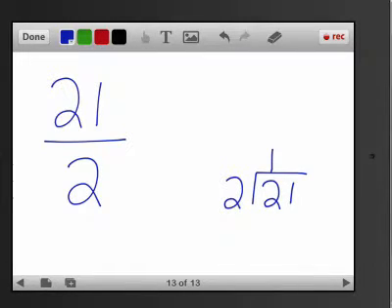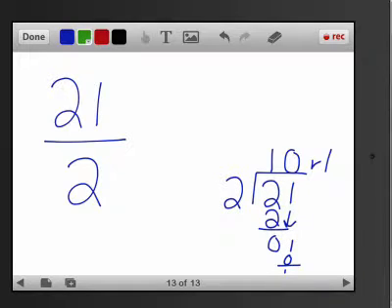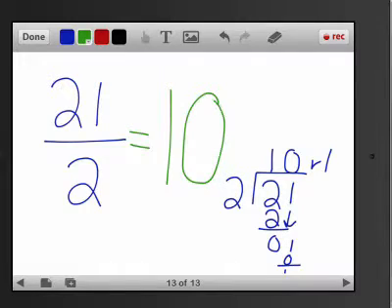How many 2's are in 2? 1. 1 times 2 is 2. Bring down the 1. How many 2's are in 1? Nothing. So I have 10, remainder 1. So my mixed number for 21 halves would be a whole number 10, remainder 1 over my denominator of 2.